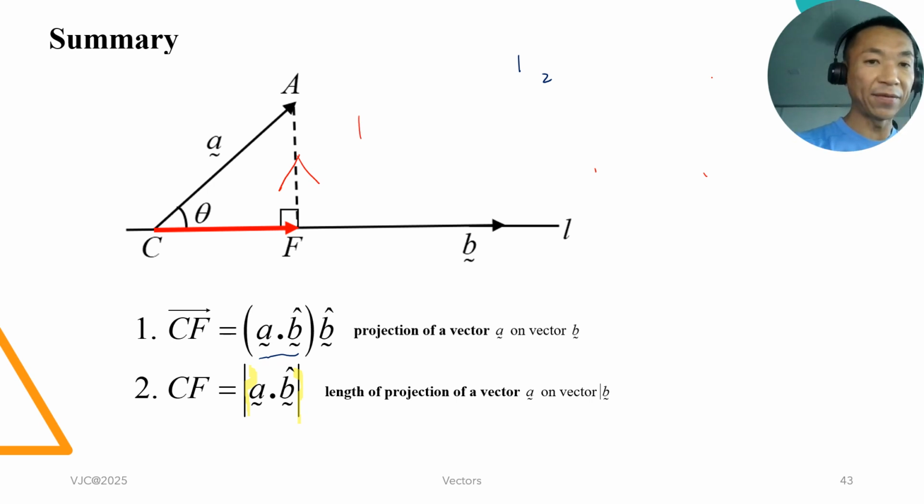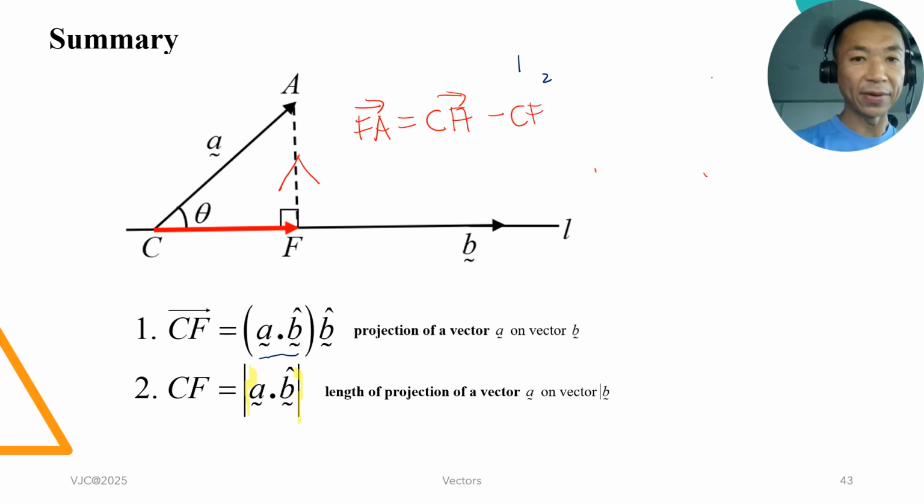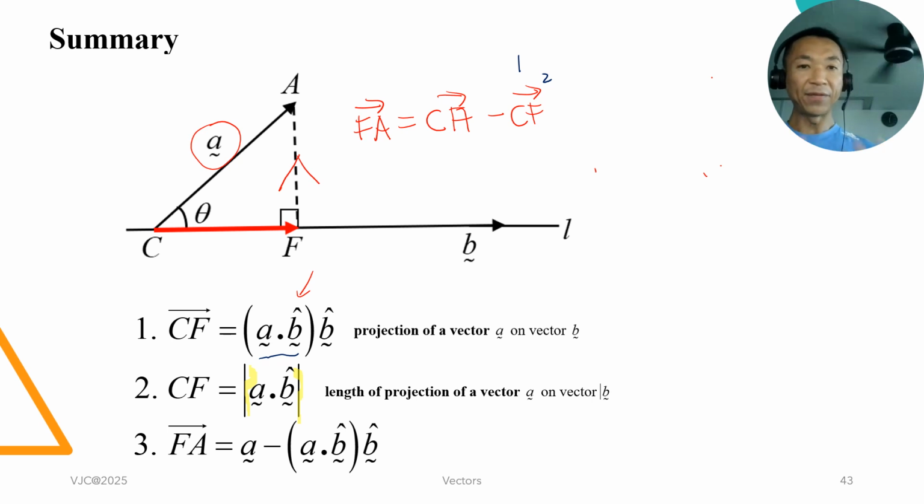FA is actually CA minus CF. Do I know CA? Of course, it is vector A. Do I know CF? Of course, CF is here. So the result is given quite simply. FA is just A minus CF.